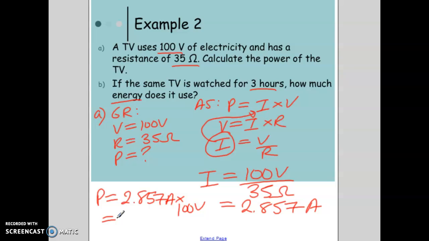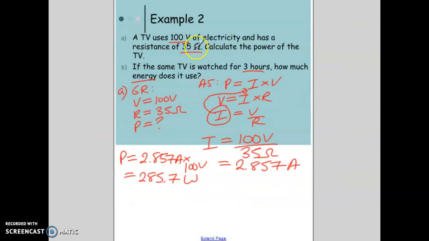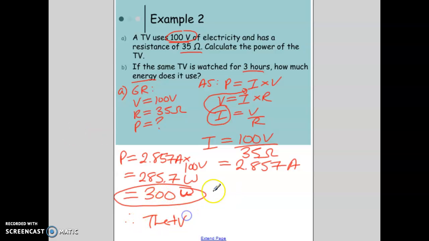That's going to be 285.7 watts. And then for sig figs here, actually we need only one sig fig because of the number 100. So this would round to 300 watts. And then we would need, of course, a therefore statement. Therefore, the TV has 300 watts of power.